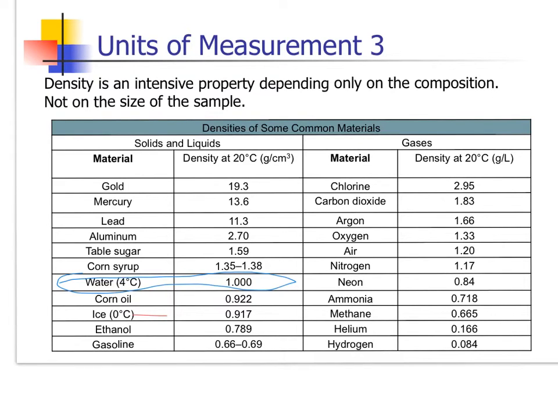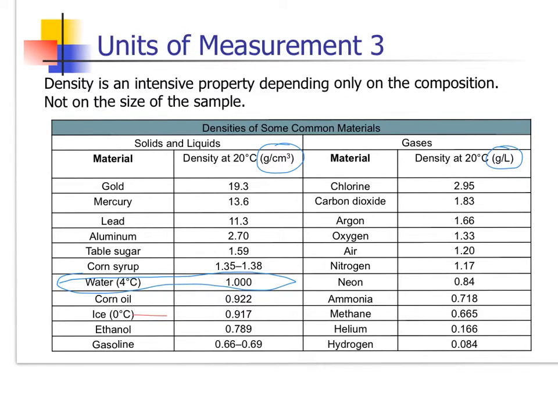When we look at chlorine and argon, and you say, wow, these are really dense, again, we must pay attention to the units that are being used. The liter is 1,000 times bigger, so we're dealing with a much larger volume. To keep the numbers more understandable, we change the unit.